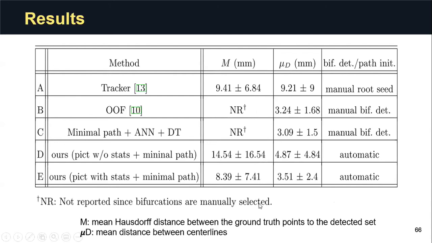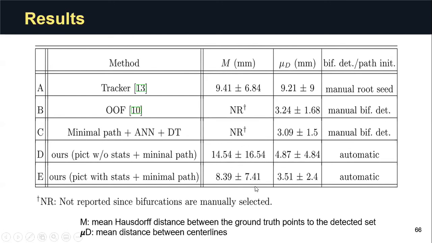And here are the quantitative results compared to the state of the art. Tracker and OF are both model-based methods. Then there is the proposed one, ours, with or without statistics, with minimal paths. Comparing on the M metric, which is the Hausdorff distance, without the statistics the result is not as good.